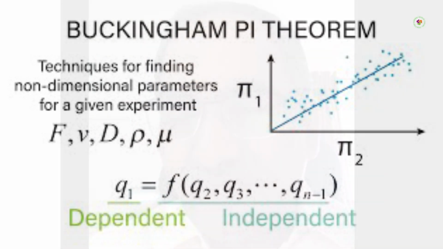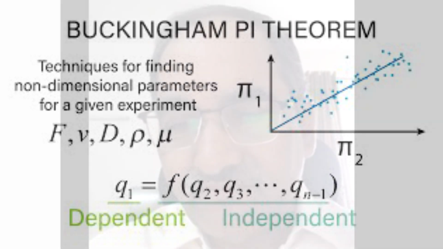In Rayleigh's method, we can solve the problems easily if the number of variables is 4 or below. If the number of variables crosses 4, then the solution becomes tedious and difficult.